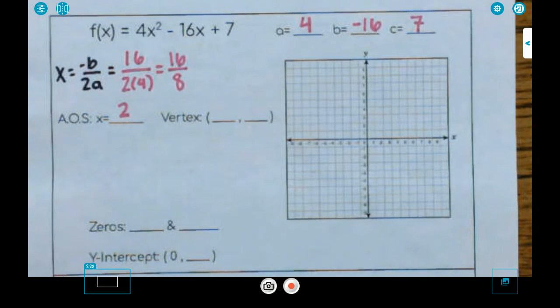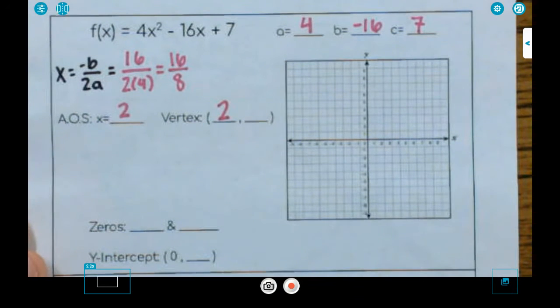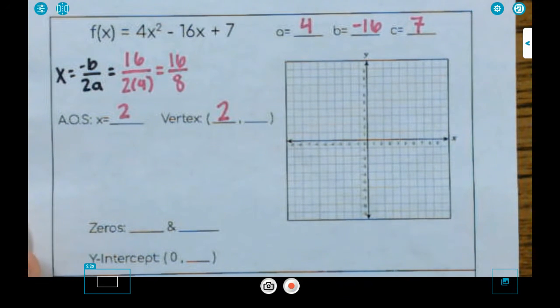That is our x, which is the x value of our vertex. So we can also write that down here, that is 2. We can also graph that as a dotted vertical line at 2.